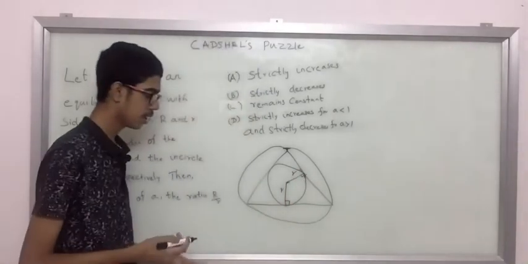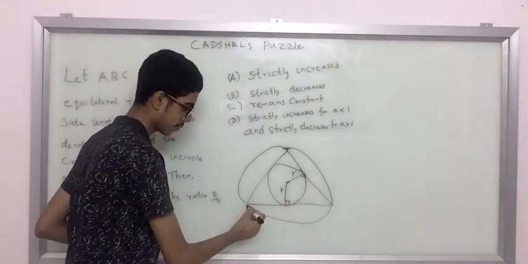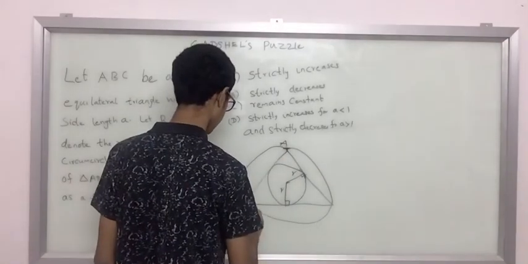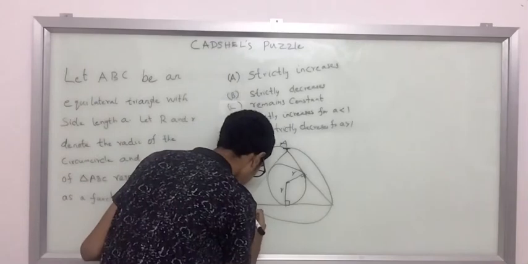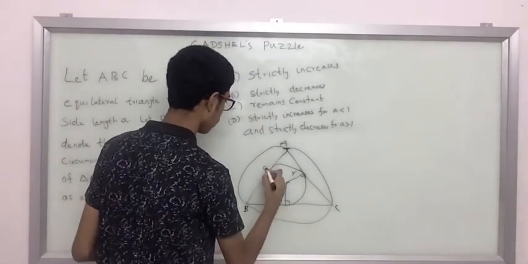They are both perpendicular because this is the tangent of the circle. Now I'll draw the side lengths: A, B, C. All lengths are a.